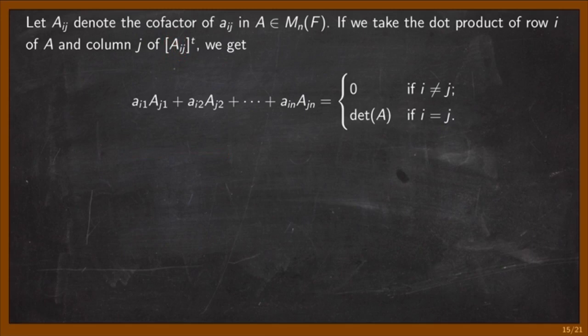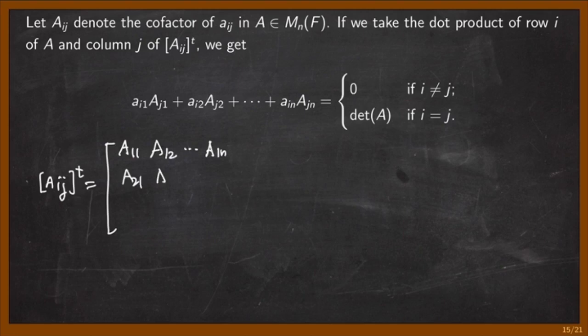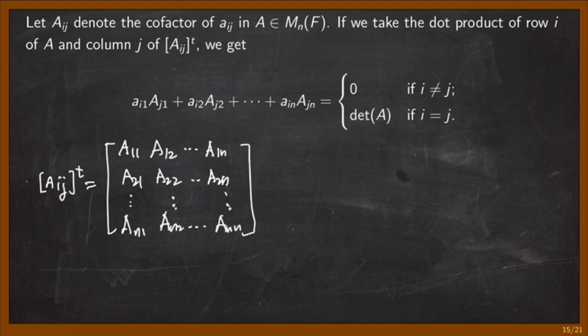So what we mean by Aij transpose, for your information, is a transpose of a matrix. This is a new matrix different from the original matrix. The first row, this is the second row. This is the nth row. And then we don't stop there, we take the transpose.